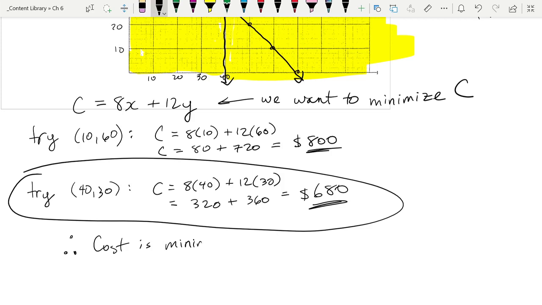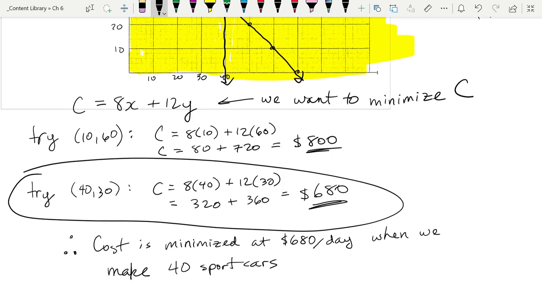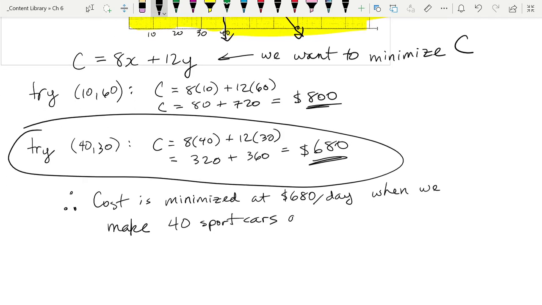Cost is minimized at $680 per day when we make, what is it, 40 sports cars and 30 sport utility vehicles. I'll just say SUVs.